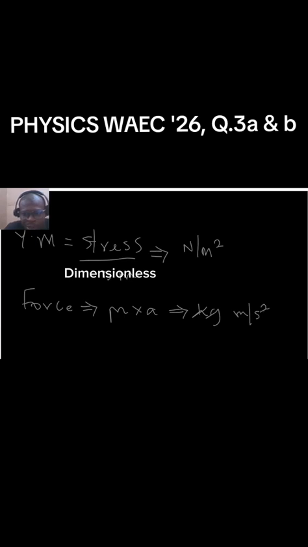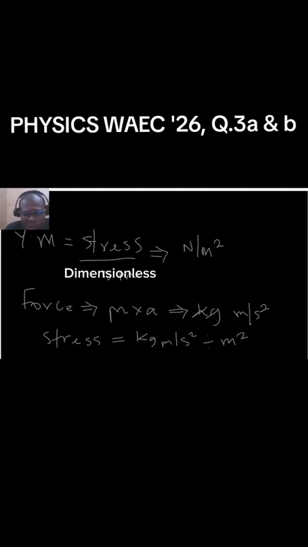So we can also conclude that the unit of stress, apart from being Newton per meter squared, will also be kilogram meter per second squared, then divided by meter squared. So we can do that.